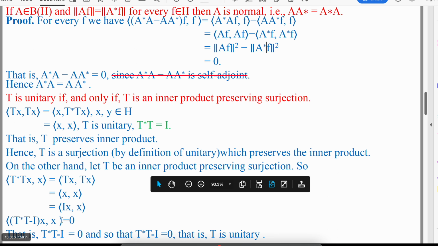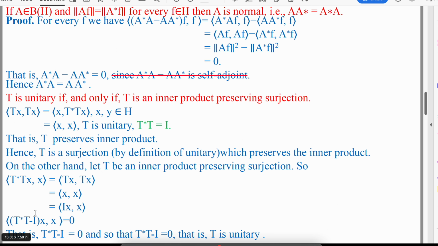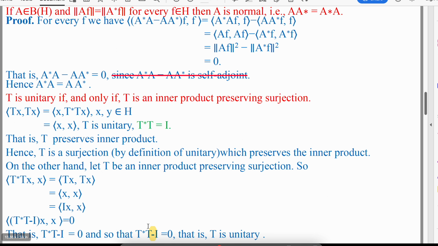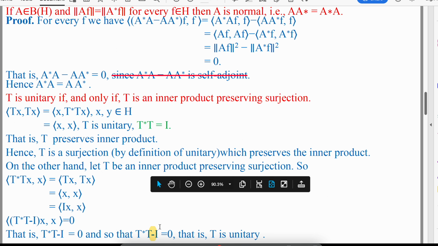And this inner product is 0 only if T star T minus I equals the 0 operator, or we can say that T star T equals I. Here it should be equal to I, because I have repeated this part here.